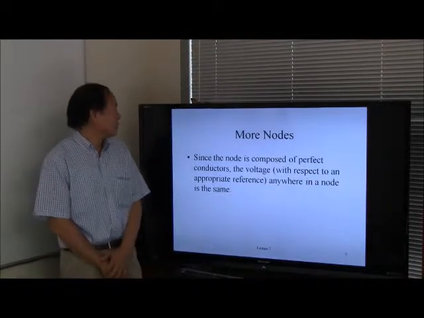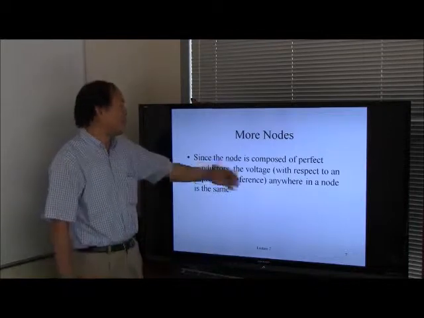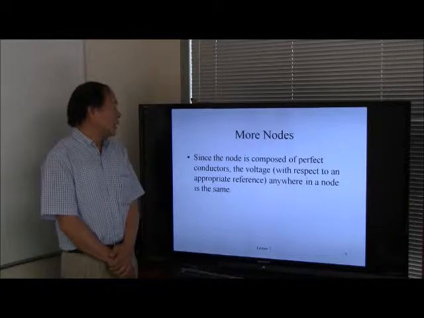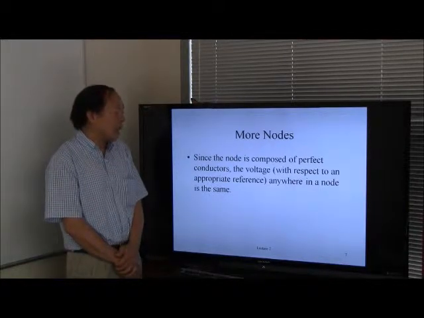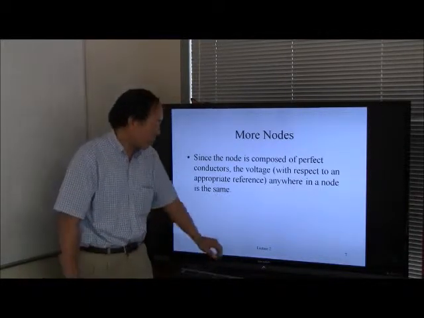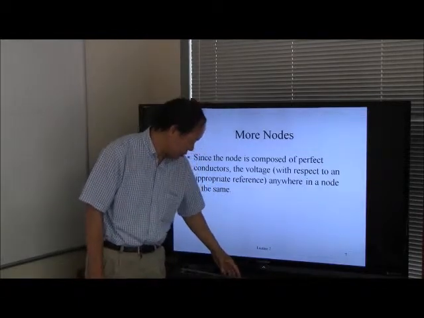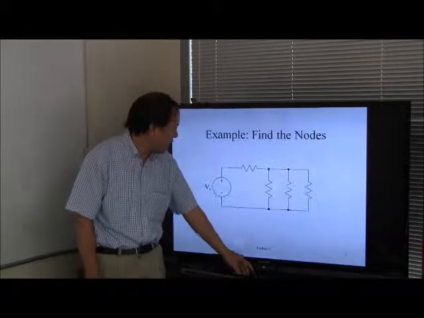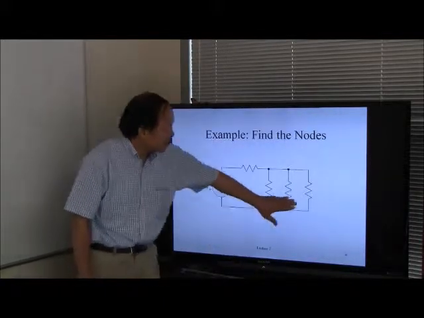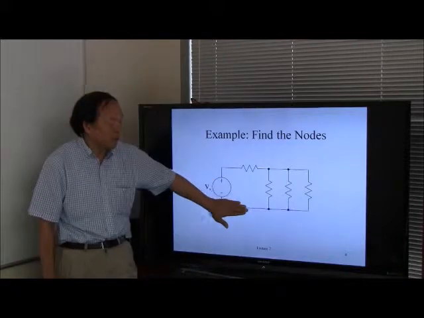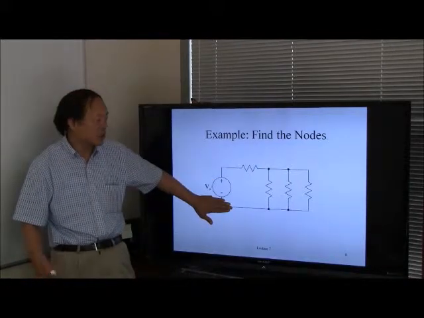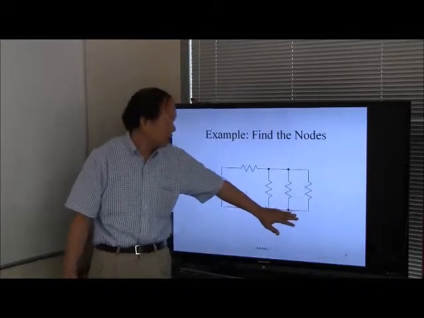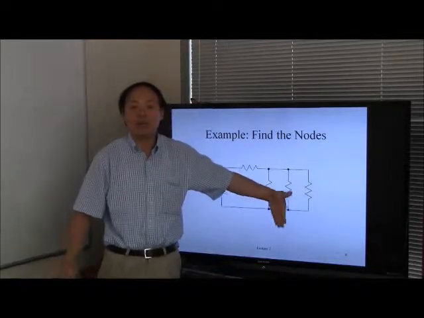Since the node is composed of perfect conductors, the voltage with respect to an appropriate reference anywhere in the node is the same. What you have here is that you can take this as a reference node, and sometimes it's called a ground node because literally you connect a wire to the ground, and you can call it a voltage of 0.